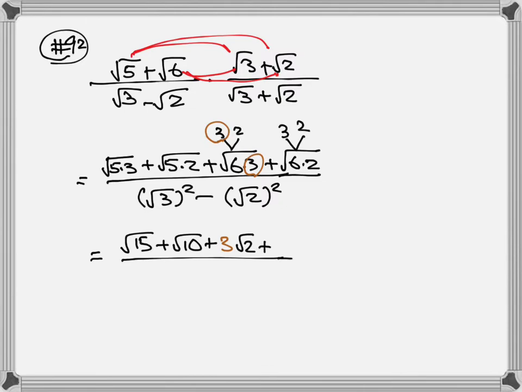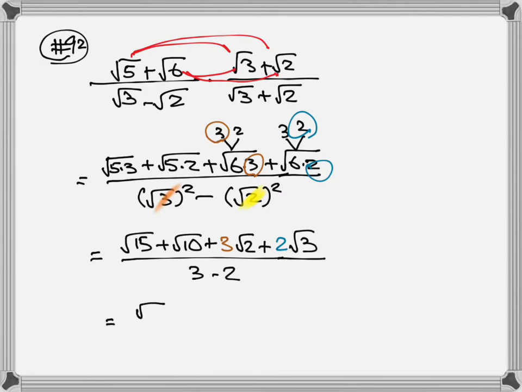Then here also, look for pair of 2. So 2 goes out, 3 by itself, so 3 stay inside. Then the denominator, every time you square square roots, all you need to do is just write down the number inside, so it'll be 3 minus 2.